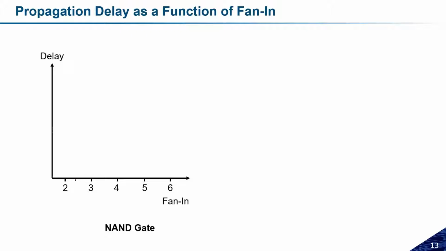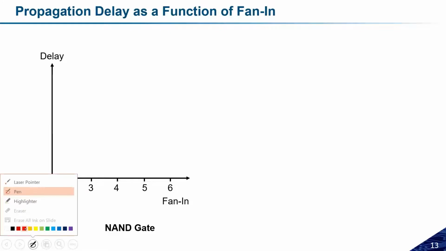So can anyone tell me how the TPHL and TPLH will vary with respect to the fan-in? I just discussed this thing. TPLH will remain constant as fan-in increases. So TPLH will remain constant in case of NAND gate, and TPHL will increase with respect to the fan-in.